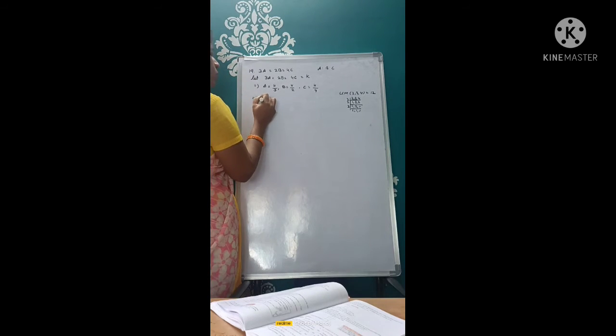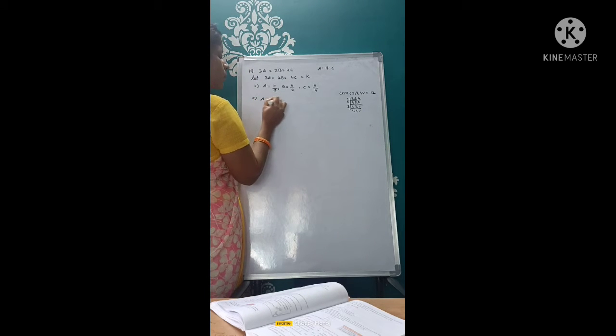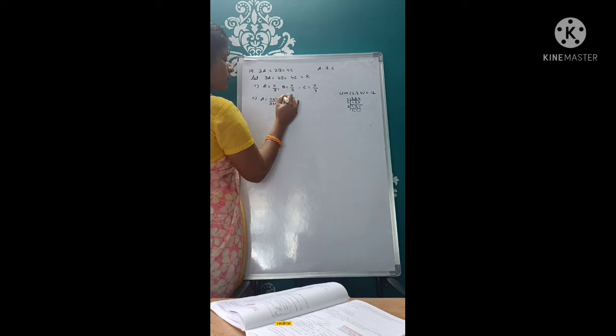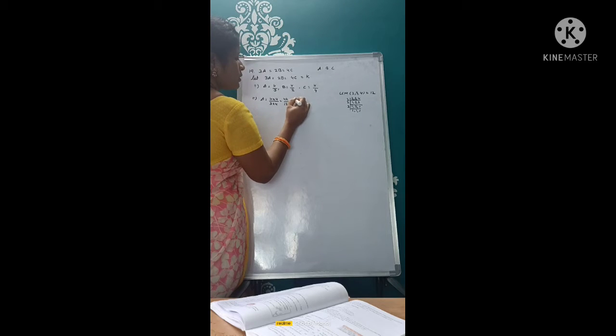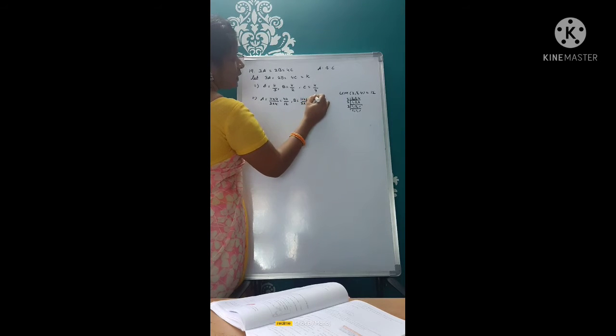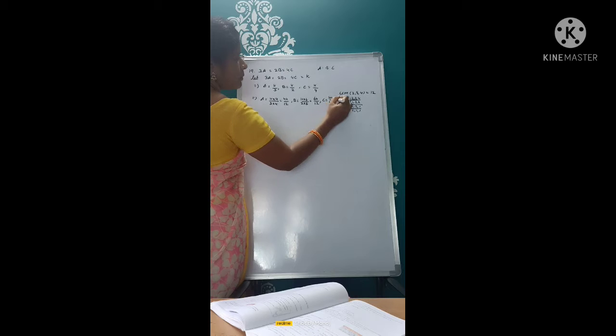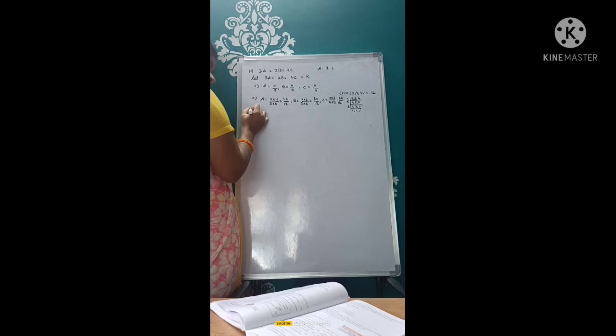Okay, so A equals, both numerator and denominator are multiplied by 4. Then we get 4K by 12. So like that B, both numerator and denominator are multiplied by 6. Then we get 6K by 12. So like C also, both numerator and denominator are multiplied by 3. So 3K by 12. Now all are like fractions.